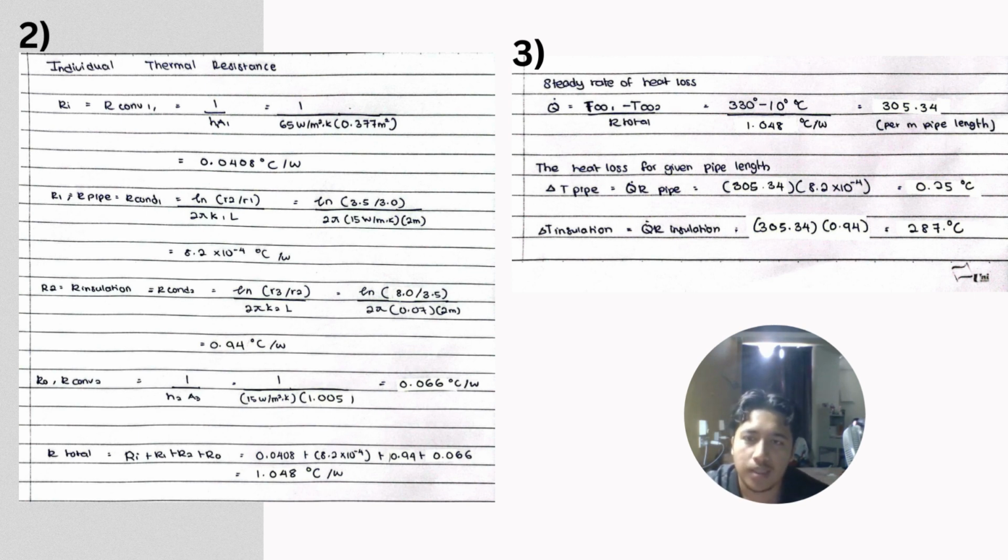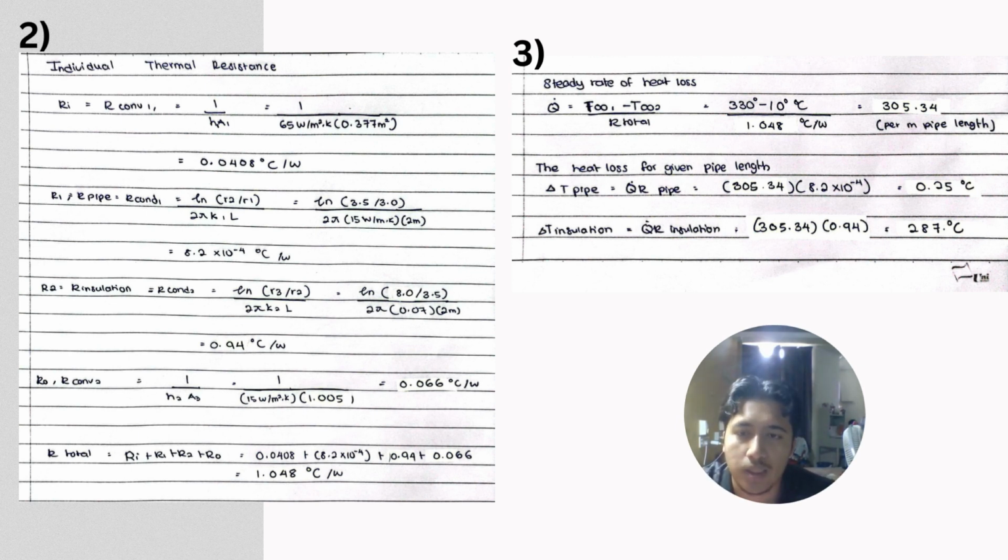We focus on R insulation because we just adjust the insulation value. So we calculate ln(8.0 over 3.5) divided by 2 pi times (0.07 multiplied by 2). The answer for our insulation is 0.94 degrees Celsius over watt.